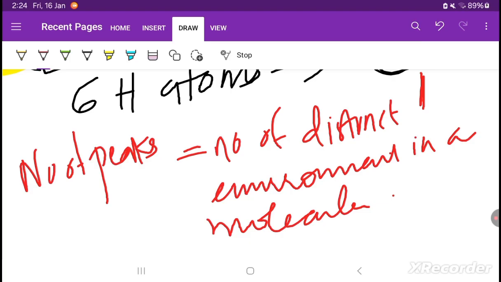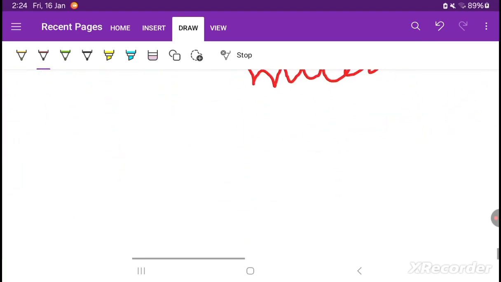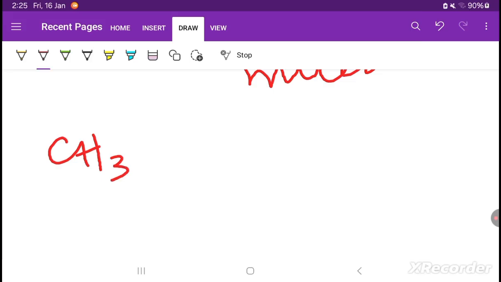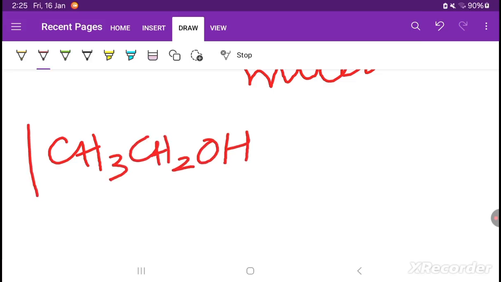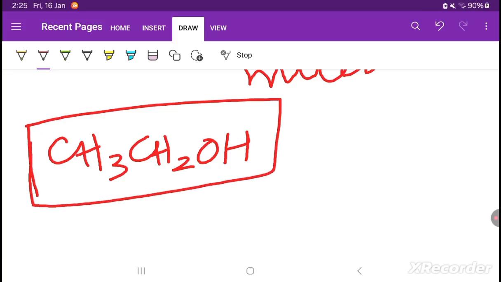Let's look at the next similar question for practice. Another question asks us about the number of peaks in ethanol. Ethanol is CH3CH2OH. How many peaks will be formed if this sample is used in an NMR spectrum?